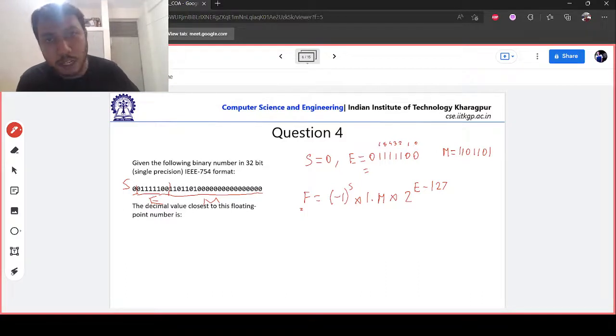The corresponding decimal value is 2 to the power of 6 plus 2 to the power of 5 plus 2 to the power of 4 plus 2 to the power of 3 plus 2 to the power of 2. So if we calculate, it becomes 64 plus 32 plus 16 plus 8 plus 4.